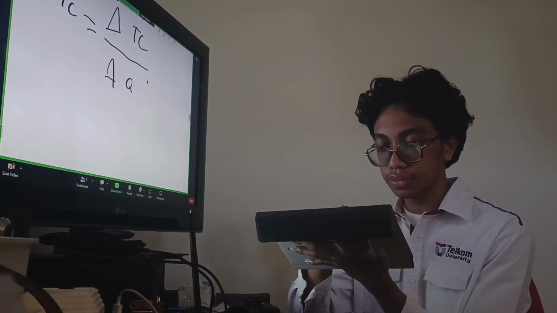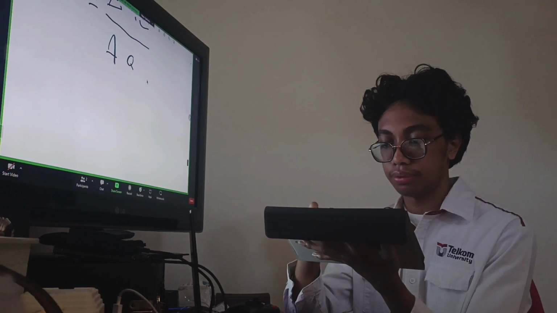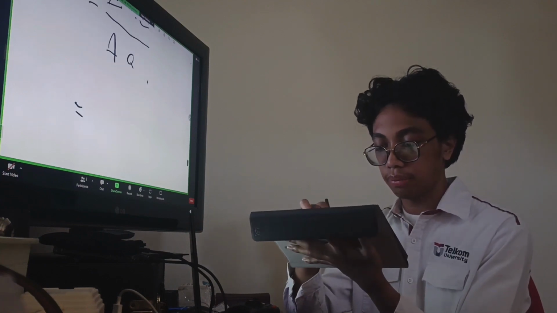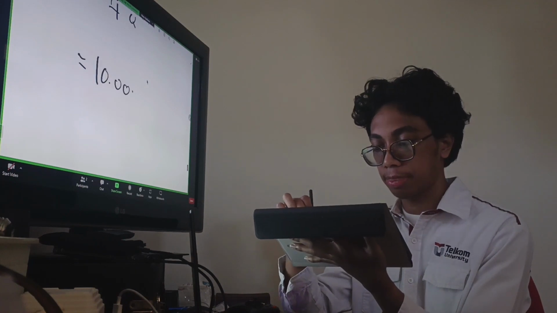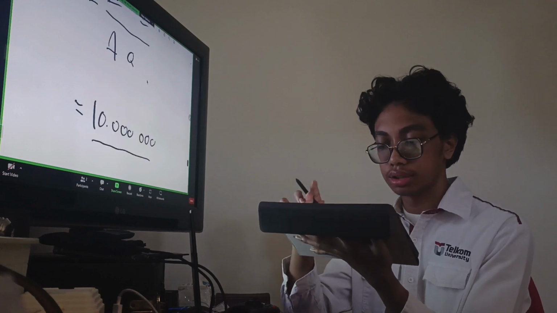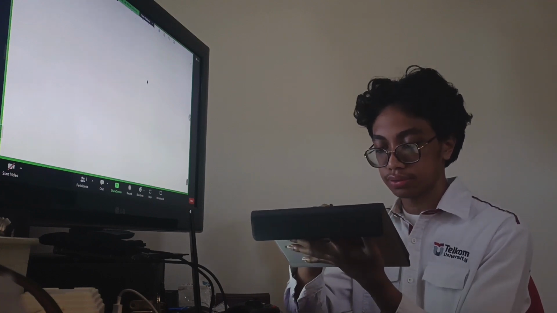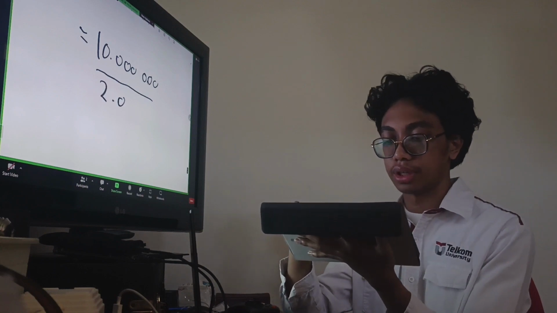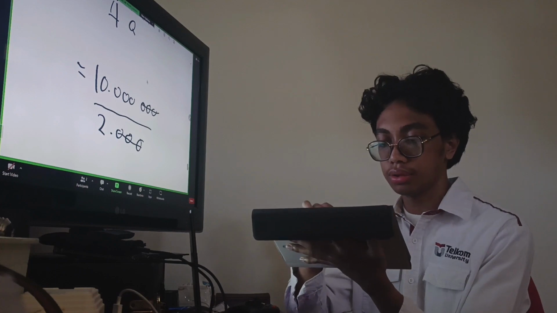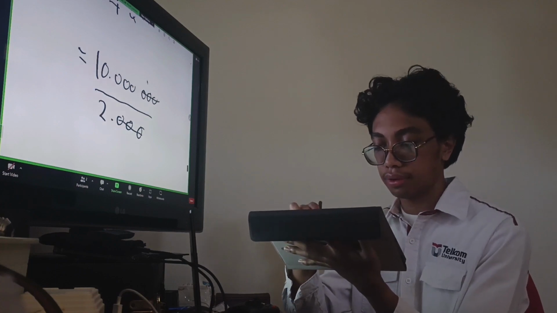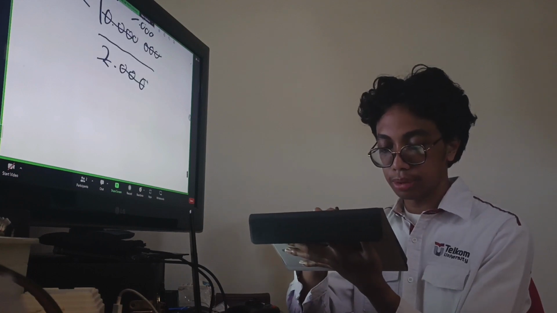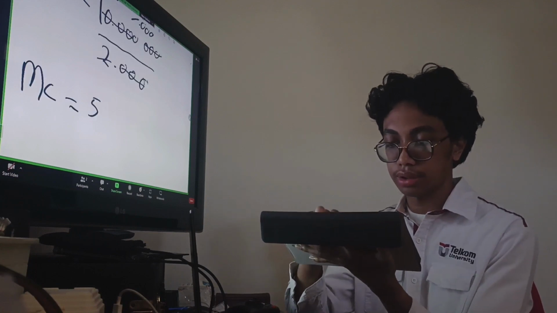So the delta total cost is 10 million, and then we divide it with the delta quantity, which is 2,000. So 10,000 divided by 2, we got 5,000. So the marginal cost will be 5,000.